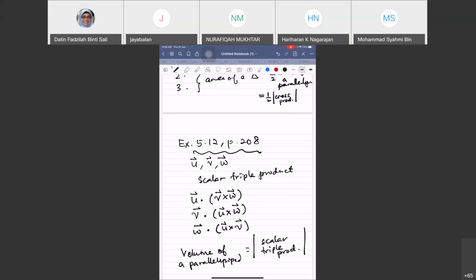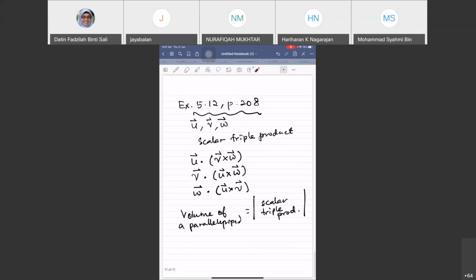And I mentioned last time, even though the scalar triple product itself will give you a number, you still need to have this magnitude symbol, because you can also regard this as your absolute value. So in case when you do your scalar triple product, you get a negative number, with this absolute value symbol you will write it as a positive number, because volume is a number. So you cannot say volume is negative something.